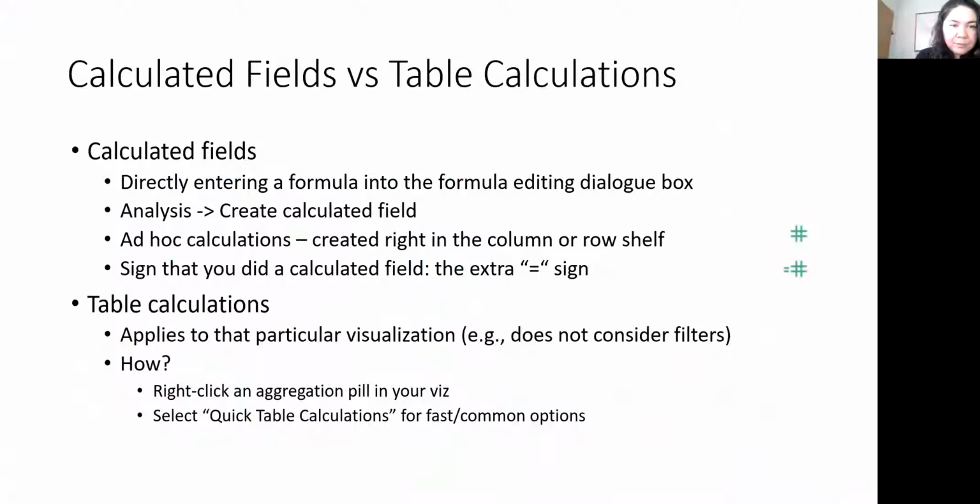Table calculations are specifically ones that apply to a particular visualization, so it doesn't really take into account extra filters and stuff that you have in place. And you saw a little bit of the table calculation.